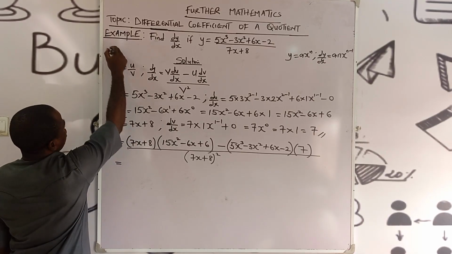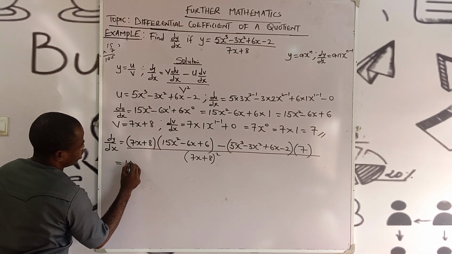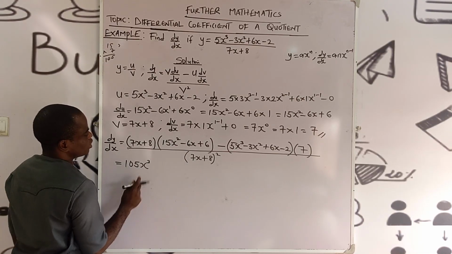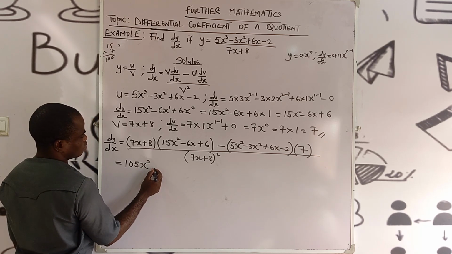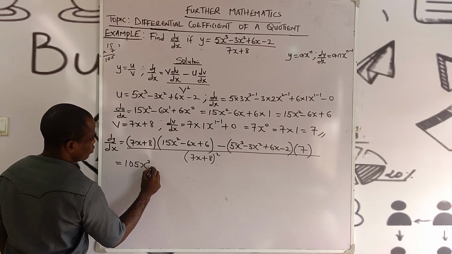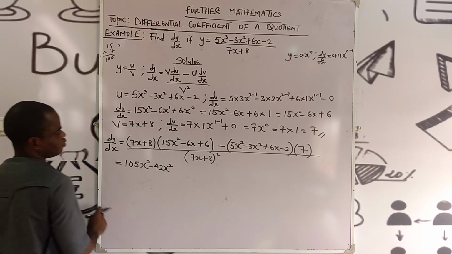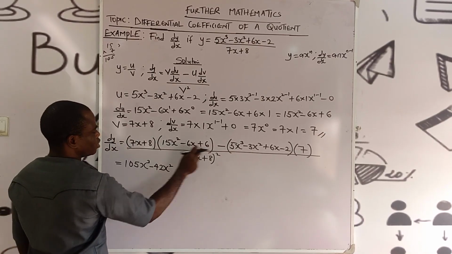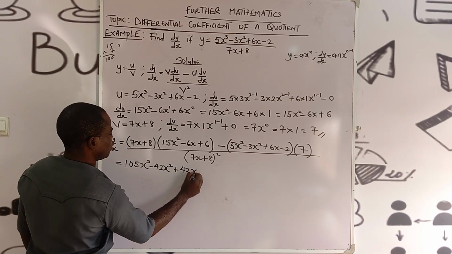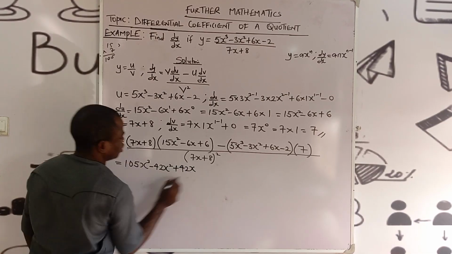7x times 15x squared. That's 15 times 7, that's 105x cubed. 7x times minus 6x, that's minus 42x squared. 7x times plus 6, that's plus 42x.